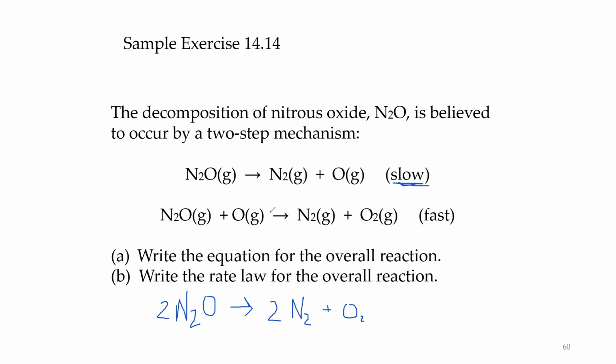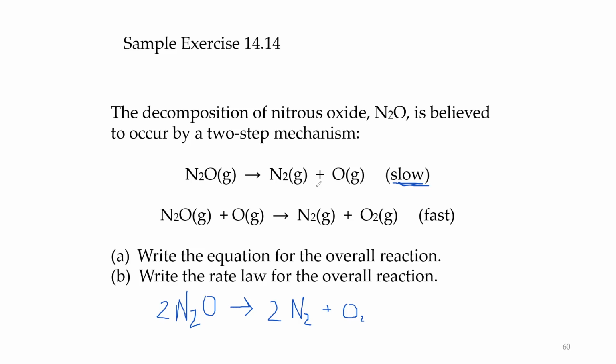But if we look at the reaction here, this one requires oxygen, that oxygen atom. That oxygen atom gets produced in this step. So even if this reaction at the bottom goes extremely, extremely quickly, it can only go as fast as the oxygen's produced in this first step. So the rate determining step is going to be the slow one.